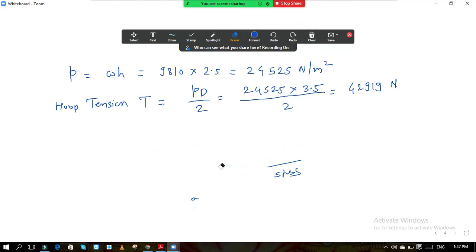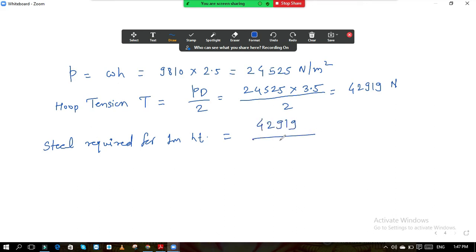Okay, so now see, steel required. Now we know the tensile hook tension, and we also know the stress. Steel required for 1 meter height is equal to, now we want to find the area. Area is nothing but force divided by stress. What is our force, our tension? 42919 divided by the stress, which is 115.